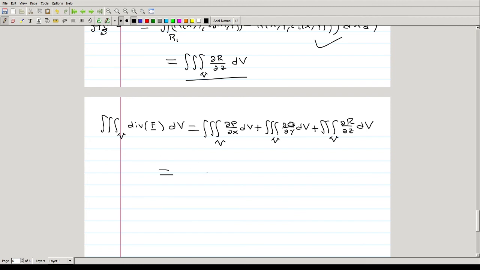But what we've shown is that this is the same thing as the surface integral over S of P i hat dot dS plus the surface integral of Q j hat over S plus the surface integral of R k hat.